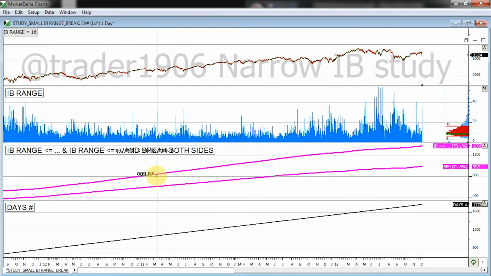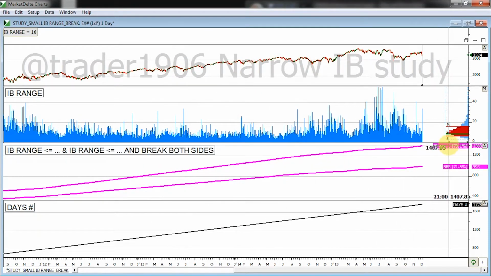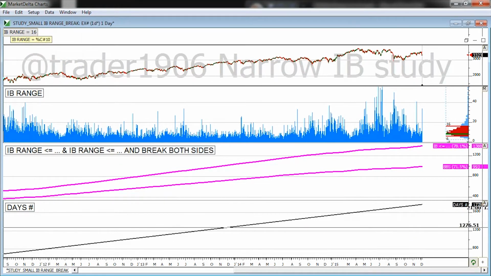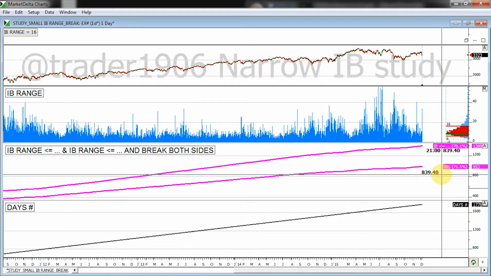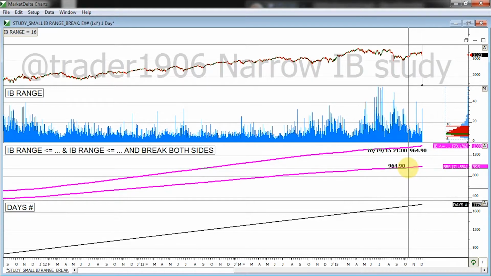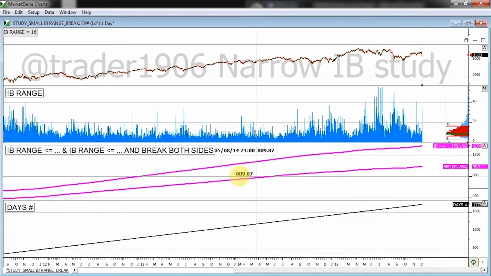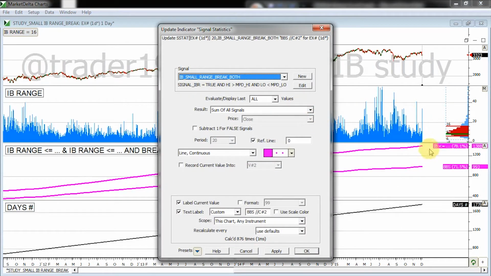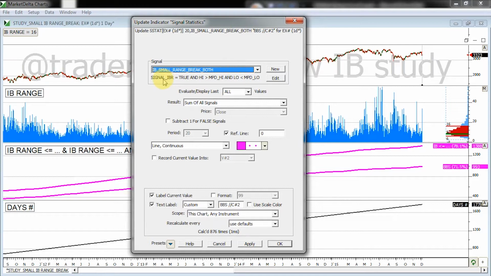So then we say, okay, if we have an IB that's less than or equal to the range we've specified, which is 16, I then say, did we break both sides of the initial balance? If we do, then it adds it up again. So this is very similar to the statistic above, but it just says, okay, was the signal true, i.e. did we have an IB that was smaller than 16?